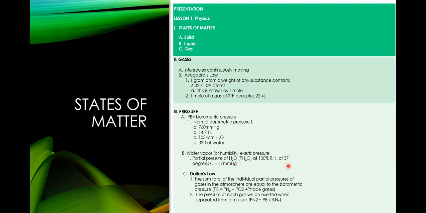And finally, Dalton's law. Here's another law. We just talked about Avogadro. Now we're talking about Dalton. Dalton says the sum of the individual partial pressures of gases in the atmosphere is equal to the barometric pressure. That's what I said, the atmospheric gumbo, or barometric gumbo, okay? Every little gas there exerts its own punch.